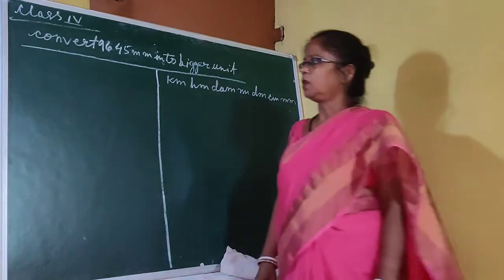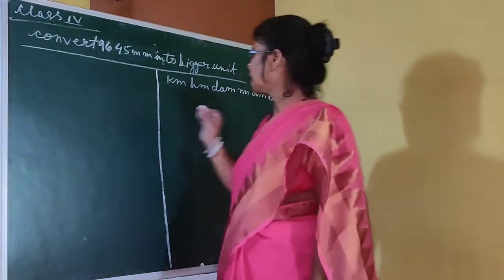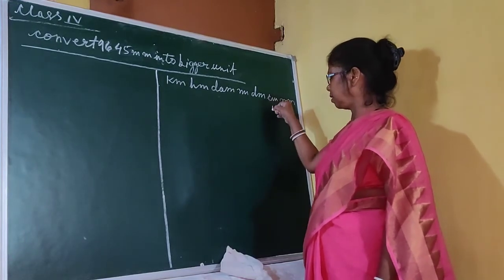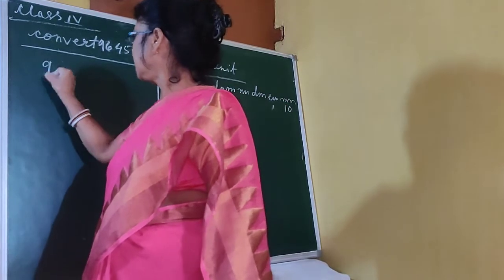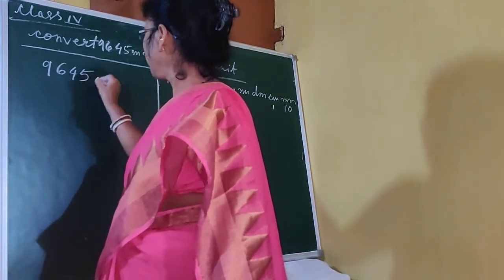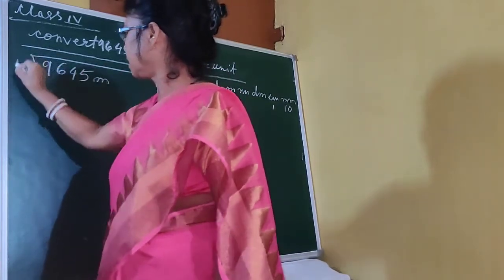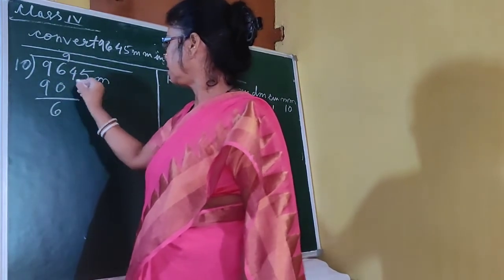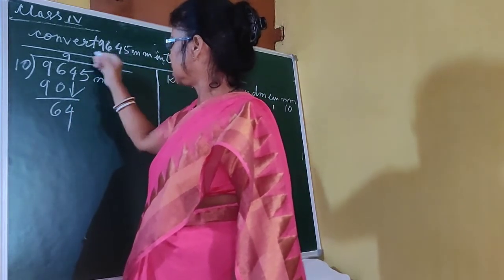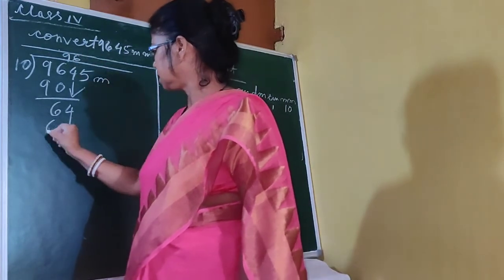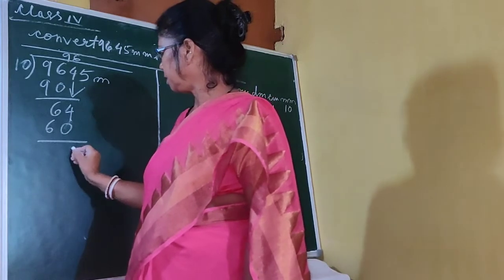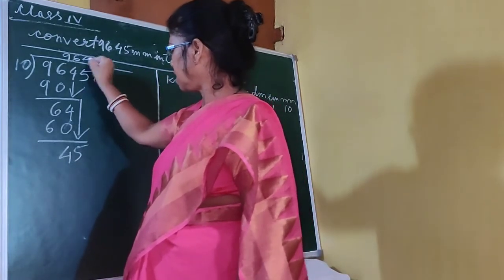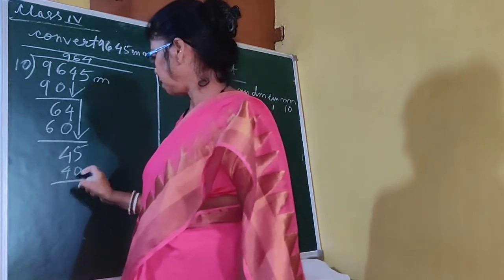I am showing one long method first. 10 millimeter is 1 centimeter, so first divide 9645 millimeter by 10. 10 nines are 90, remainder 6, bring down 4: 64. 10 sixes are 60, remainder 4, bring down 5: 45. 10 fours are 40, remainder 5.